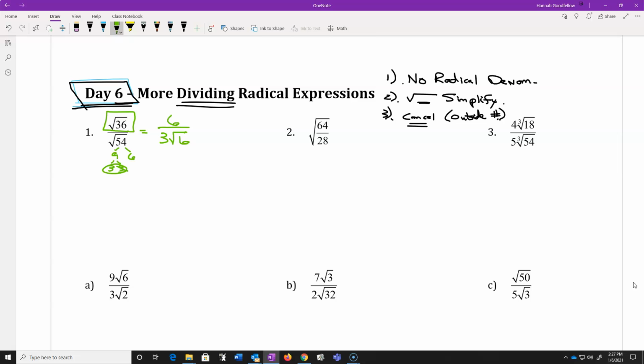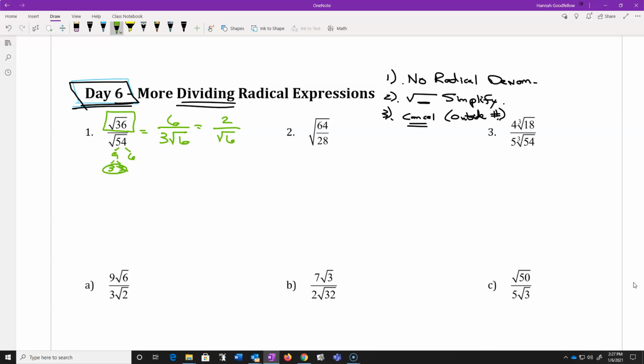Okay, now there's a couple of routes you could still go from here. You could be like, I still have a radical on the bottom, or I could try and find some stuff that actually cancels. I see the 6 and this 3, and they cancel out pretty easily. So I could simplify this. There's not any way that one coincides before the other. So you could really say that 6 and 3 might cancel down to a 2 and a square root of 6.